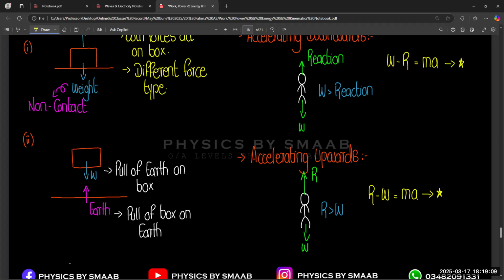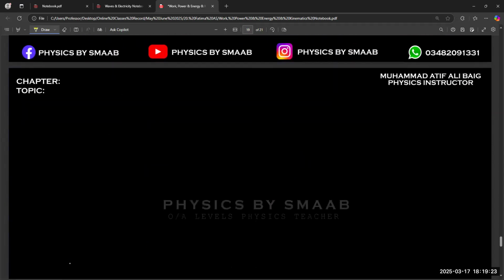And in the forces, we have the idea of drag forces also. Normally when we drop any object in the atmosphere, in the air, or if we drop any object in a liquid, for example, if we drop a stone in the water, it starts to move in downward direction, but it also feels a resistive force or drag force from the liquid in the opposite direction.